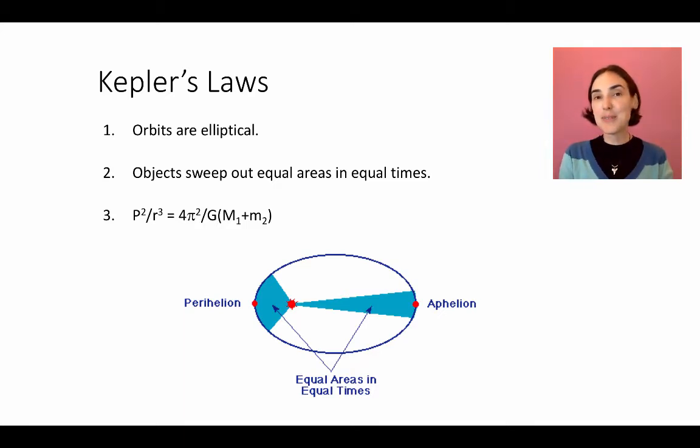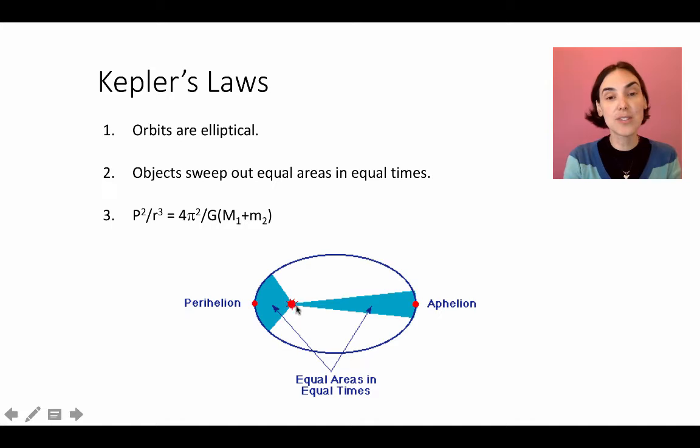We know that they'll be elliptical, squashy kinds of circles, and that the secondary or dimmer star will sweep out an equal area in an equal time relative to its position to the primary star. So here's the primary star, and then we imagine the secondary star traveling around this ellipse relative to the primary star.